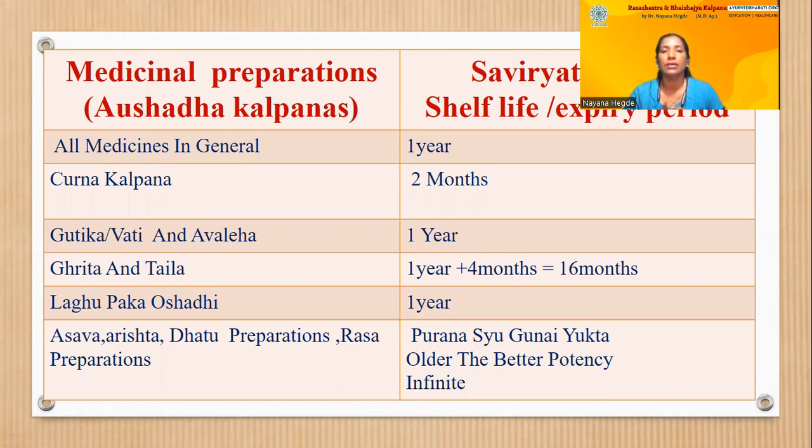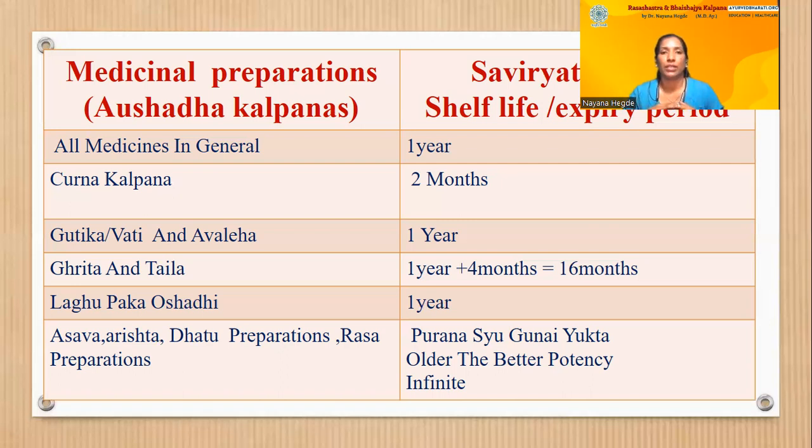Asava, arishta, dhatu preparations and the rasa preparations: पुराणः स्युः गुणैर्युक्ताः। Asavarishta, draksharishta, draksasava, dashamularishta, madhukasava, all these asavarishtas, many more asavarishtas are there. Dhatu preparations like swarna bhasma, rajata bhasma, rasa preparations, medicines which are prepared with the help of kajjali, kupipakva rasayanas, pottali, all these become more potent as they become older.